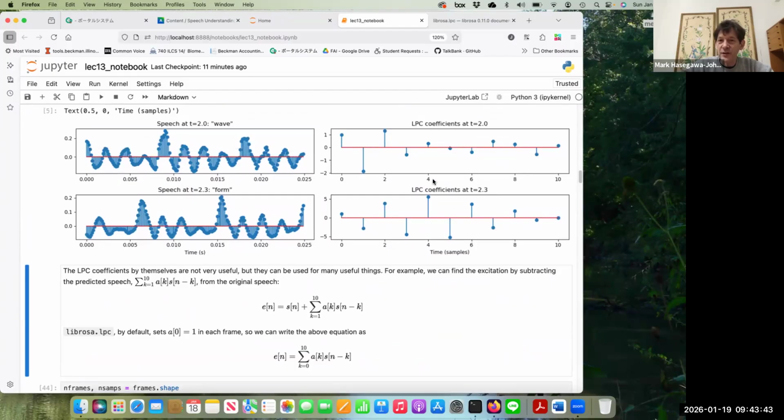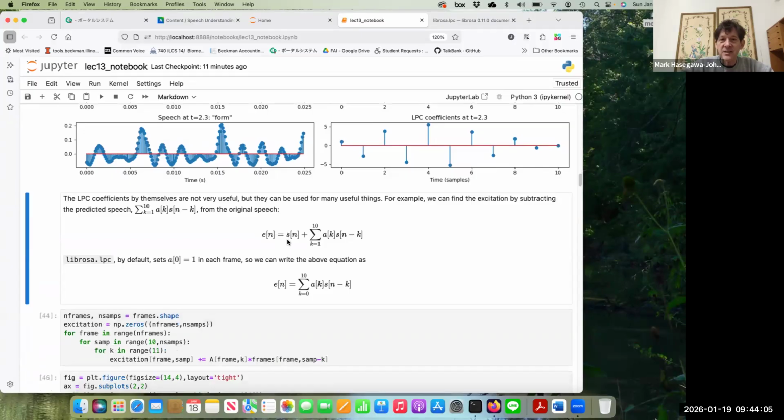You notice that the other coefficients have very different magnitudes in these two vowels. For the A, these coefficients have magnitudes that are always less than 2. For the O, these coefficients have very large magnitudes, sometimes plus or minus 5. But a[0] is always a 1.